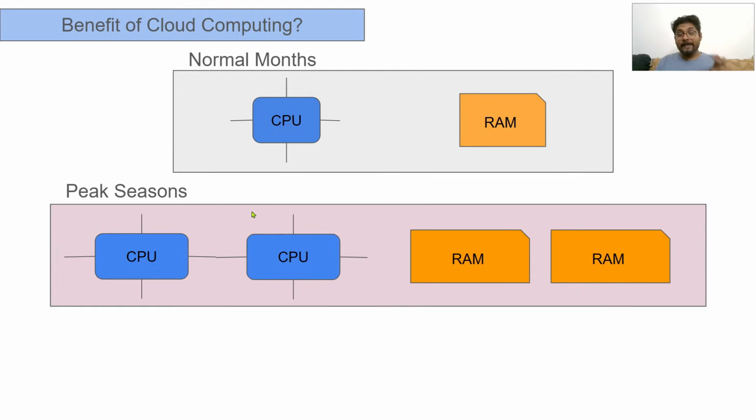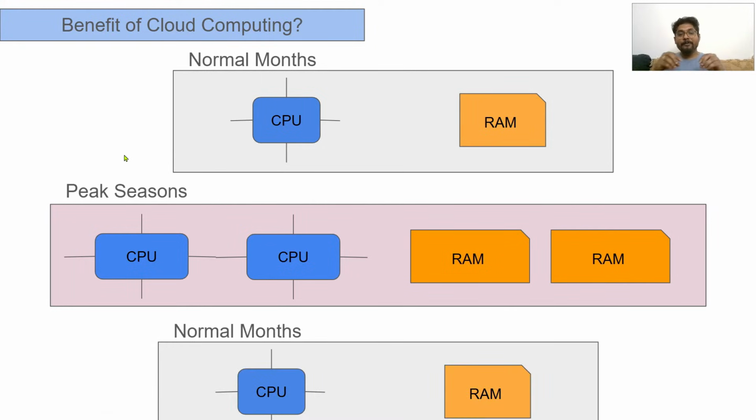But when the peak season comes, because more customers are using my website, I require, imagine, these are all imaginary numbers, let's say 2 CPUs and 2 RAMs. I have to double up. And once the peak season goes, again I have to be back with 1 CPU, 1 RAM.